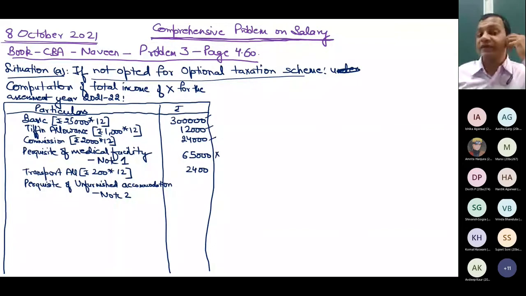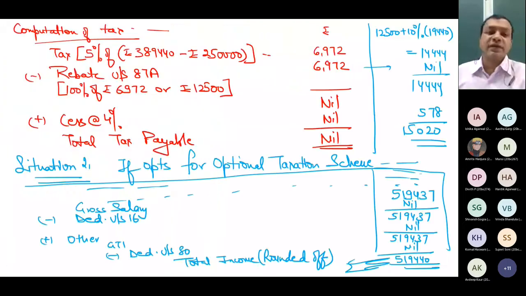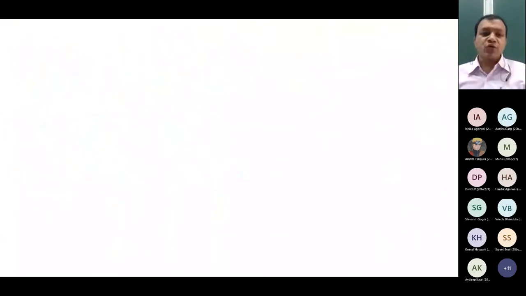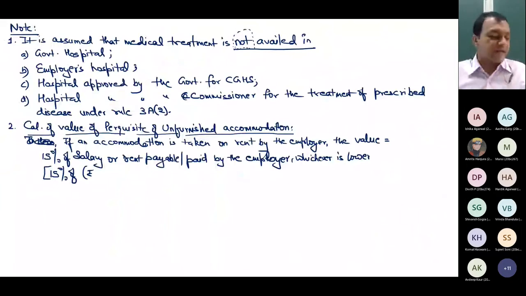Though 65,000 is monetary, it is a perquisite, so I will not include it. 2,400 I will include. So I will include these 4. If you have read the entire question, you know that there is no other benefit; all will be perquisites. Since I knew the entire question, I am taking only these 4. Otherwise, you have to first read the entire question before taking a decision.